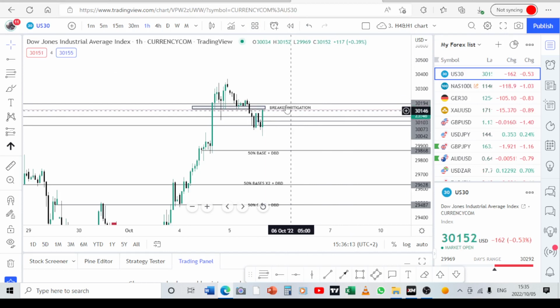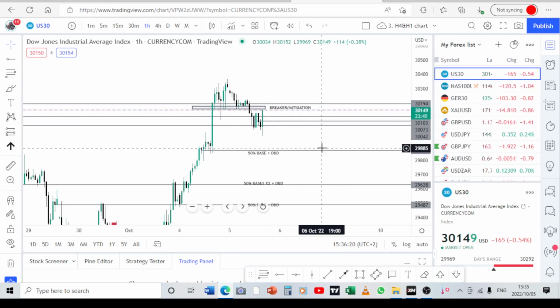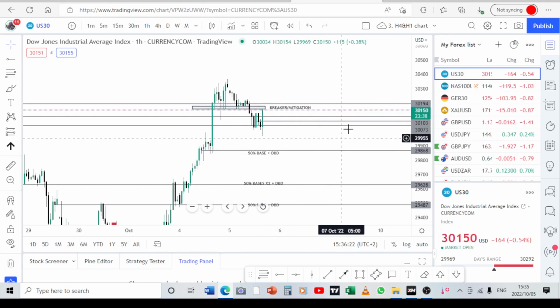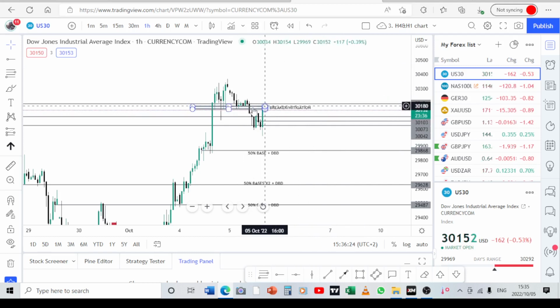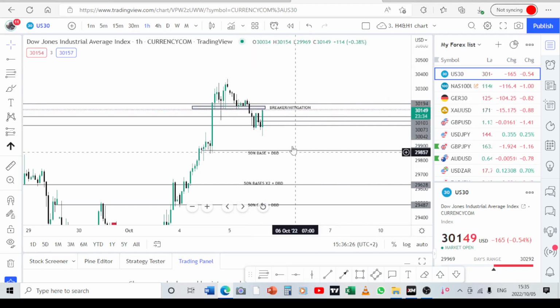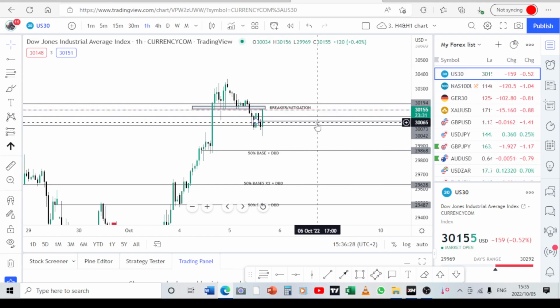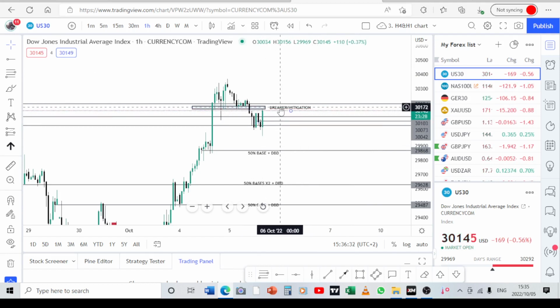Yes, I'm not going to let it take me out, because remember that I have a breaker and a mitigation here. So one risk, that will be fine. I'm waiting to see how the price reacts at this point. Like I said, guys, this was a low probability trade, but here's the high probability trade.